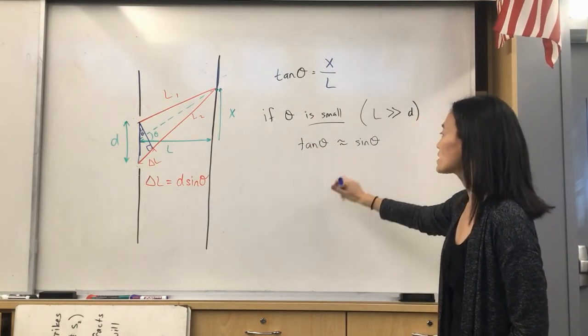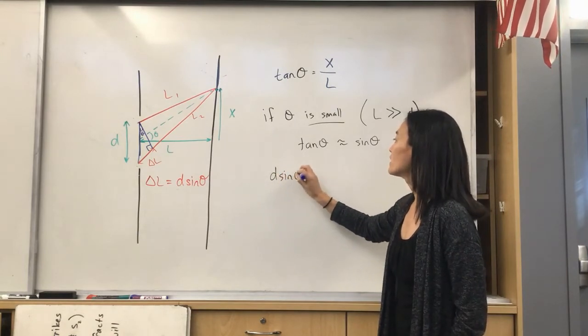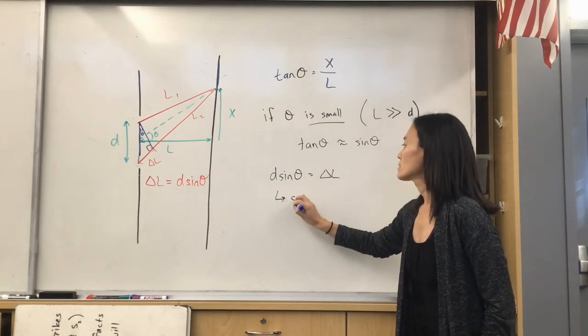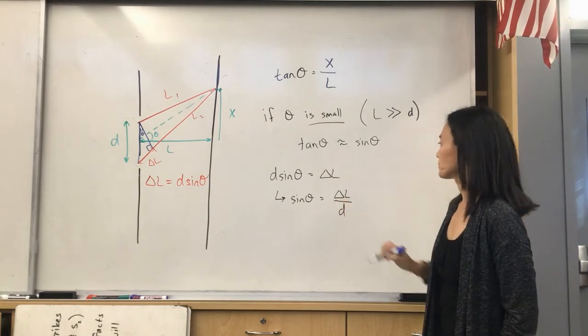So what this means is, remember we said that we could represent d sine theta to be our extra length. So sine theta equals my extra length over d.